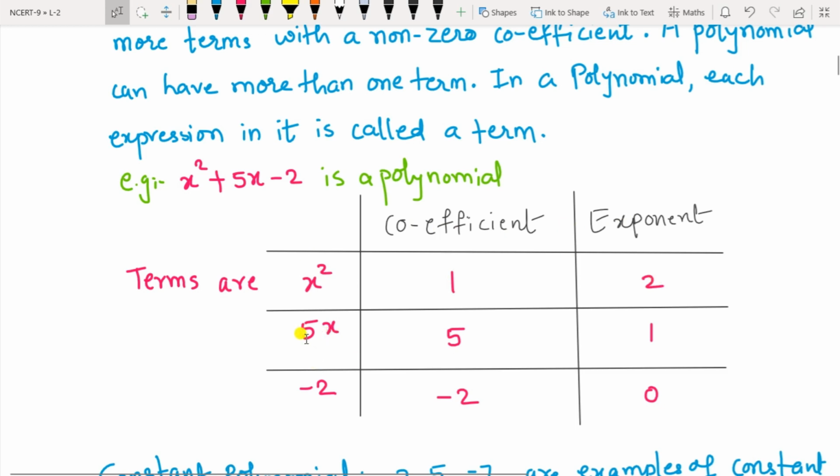The next term is 5x. For 5x the coefficient is 5, and the exponent, that is the power of the variable, is 1. For the term minus 2, the coefficient is minus 2. Since there is no variable, the power is 0, so the exponent is 0 here.